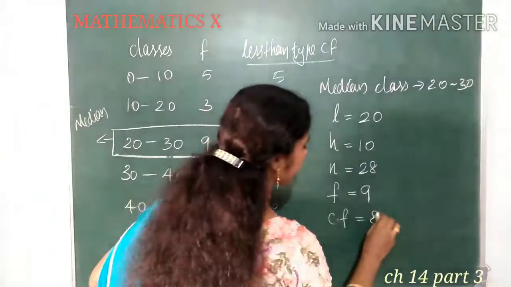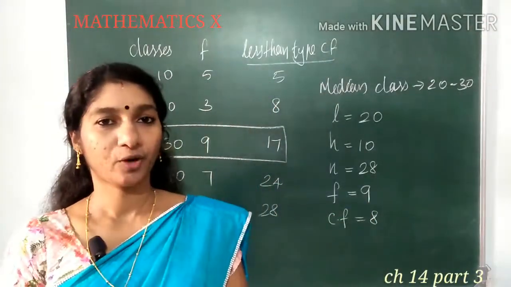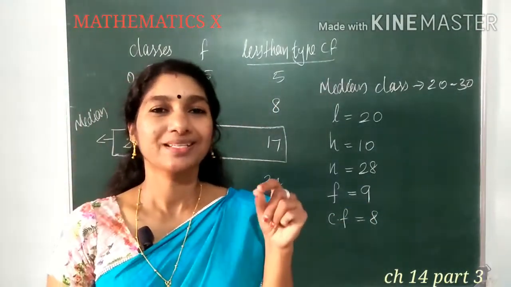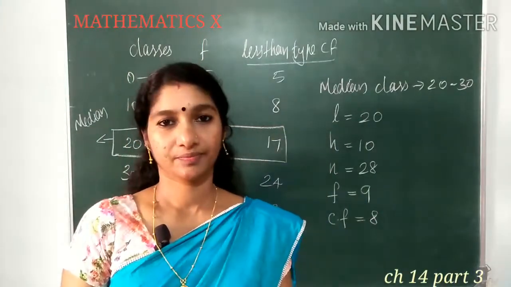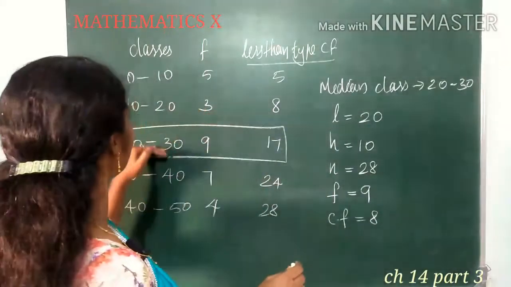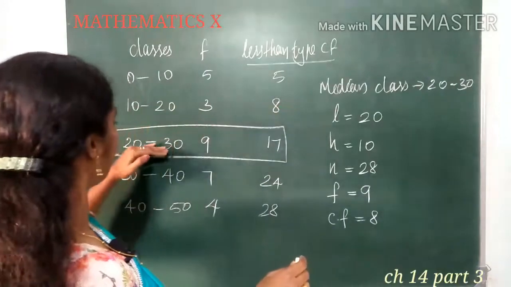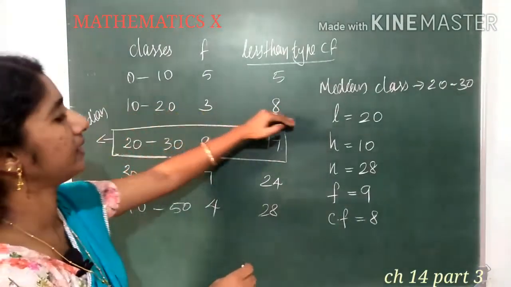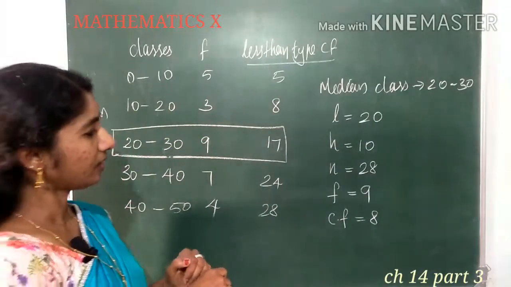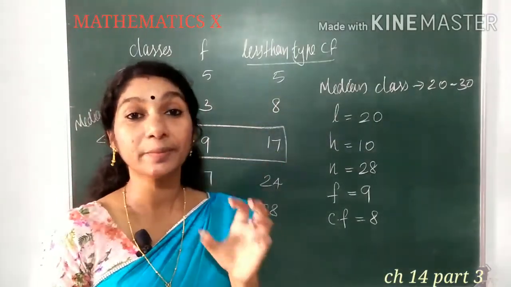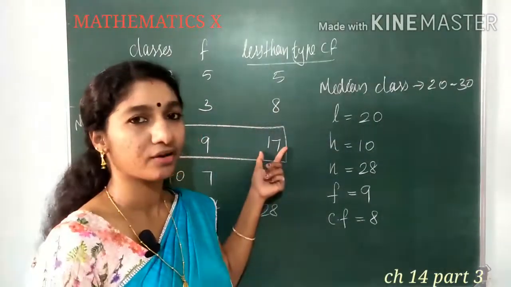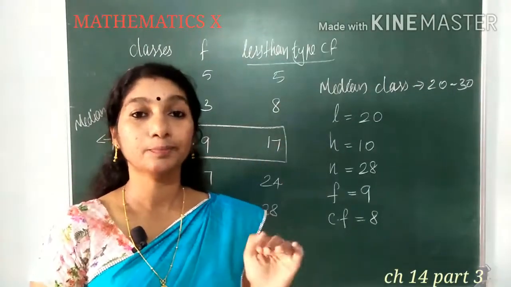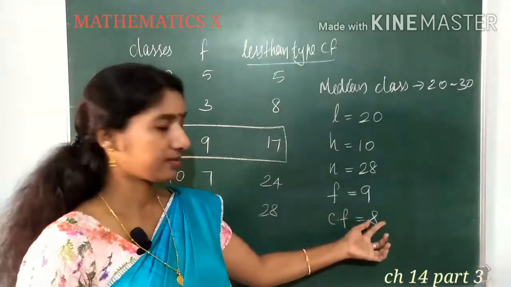So the cumulative frequency of the preceding class of the median class, just above the median class, is 8. Don't take the cumulative frequency of the median class, take the cumulative frequency up to the median class, that is 8.